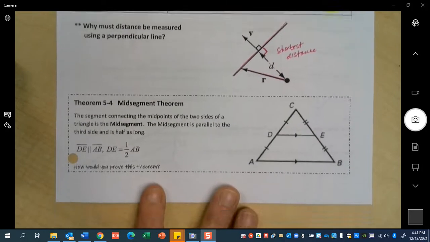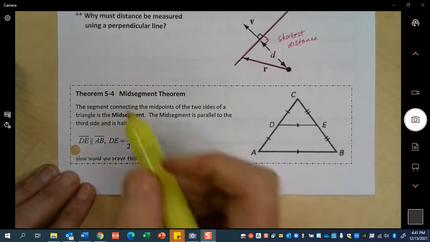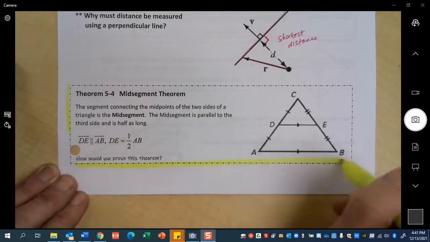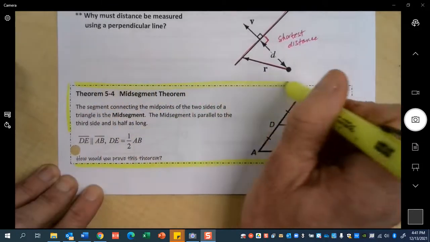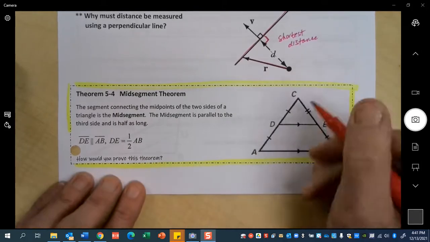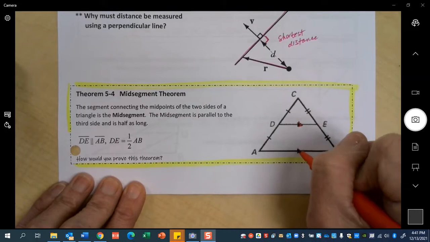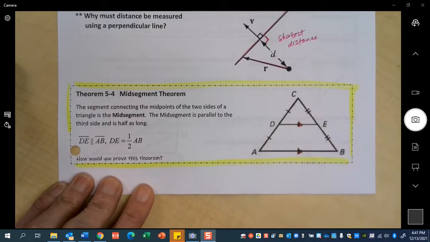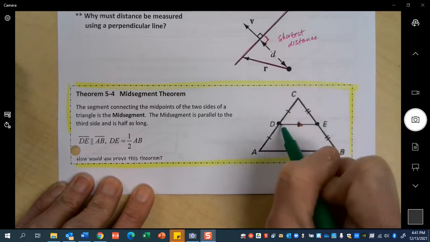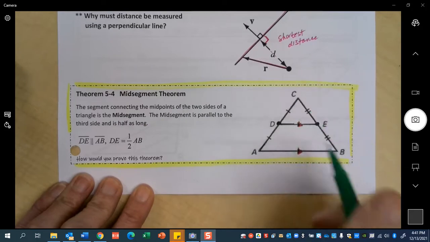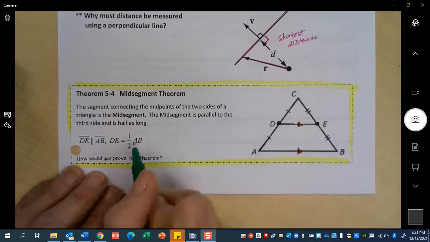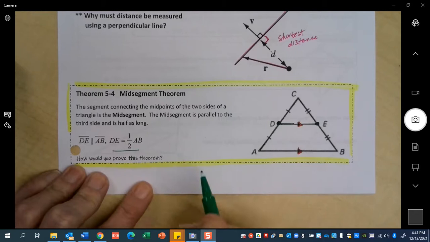All right, so our first cool thing that happens is with that mid-segment that we create from the midpoints of two sides of a triangle. We already talked about how it's parallel to that third side. And I know that they're midpoints because of these markings on my triangle. So not only is it parallel, but it's also going to be half the distance.